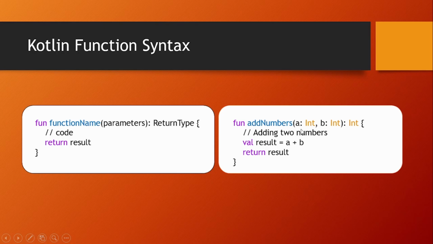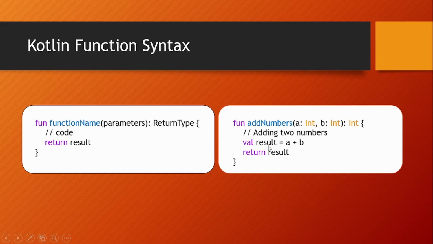When you pass the value, this variable will hold it, and this variable will hold the second value which you will pass. Here I'm gonna add those two values, and I will assign it to result. With this return keyword, I will return the result. If I pass 3 here and 2 here, it will add them: 2 plus 3 will be 5.